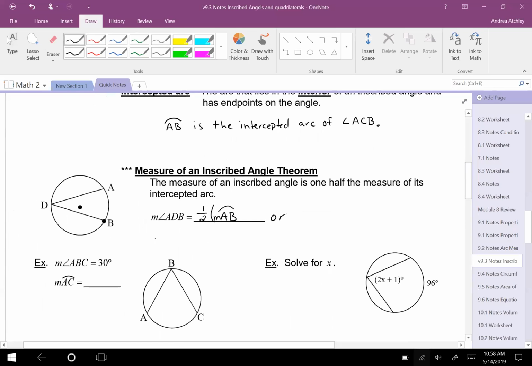Or you could write it as the measure of arc AB is equal to 2 times the measure of angle ADB. So there's a 2-to-1 relationship there. The arc is bigger than the angle.